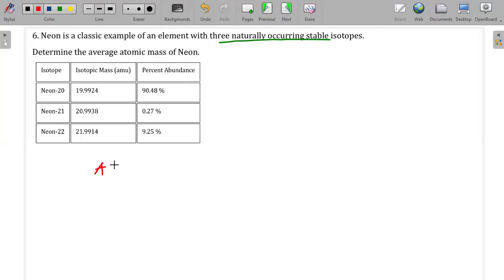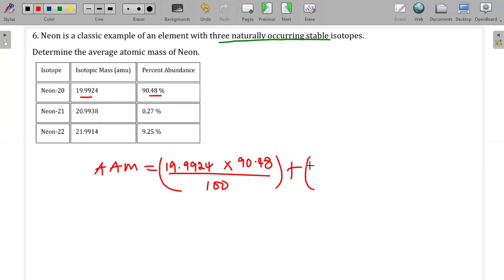So the average atomic mass will be equal to the mass of the first isotope multiplied by its percent abundance. So 19.9924 multiplied by 90.48, then I divide this by 100, plus the other one has a mass of 20.9938 multiplied by 0.27, and this is a percent, so I'm going to divide everything by 100.